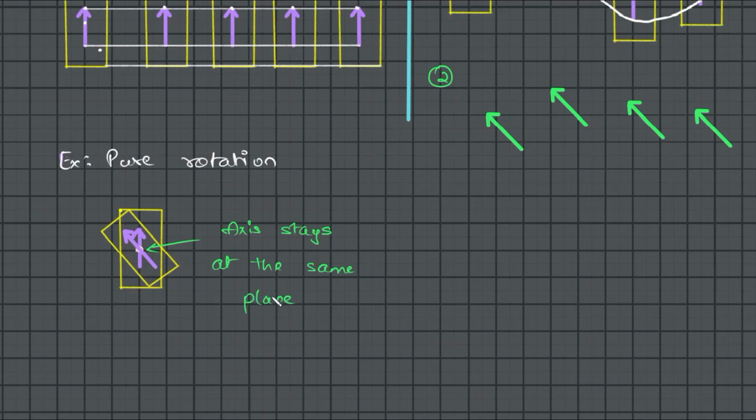Now, rolling with slipping, what does it mean? Or let me explain pure rolling first. See, in pure rolling, right guys? The amount of roll and the amount of it going forward, they match. Okay, so let me put the math over here for you guys.